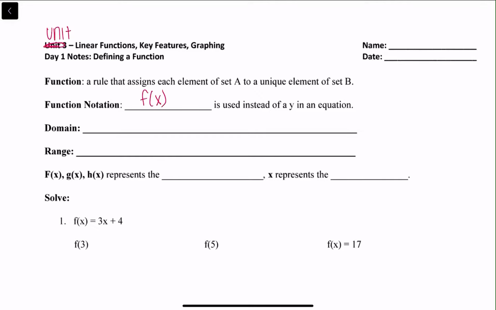Next, we're going to talk about domain. Domain is our input value, and it's the set of all x values.